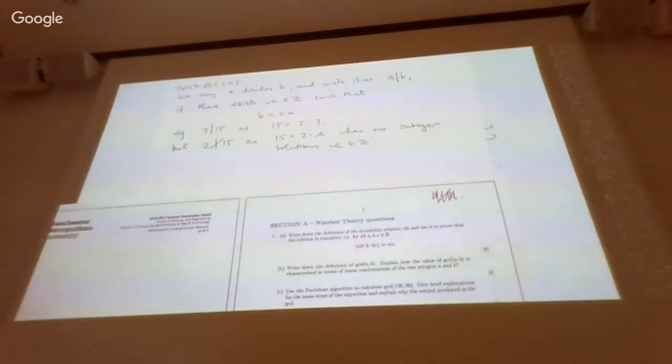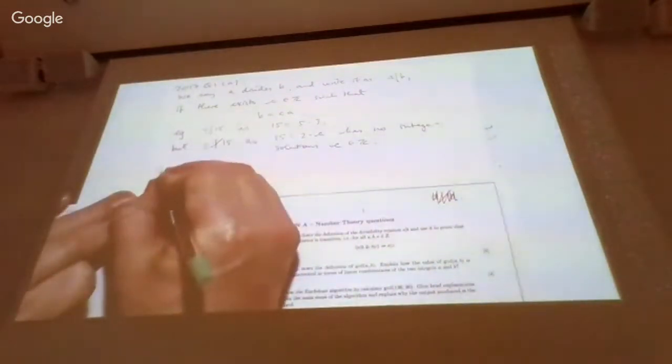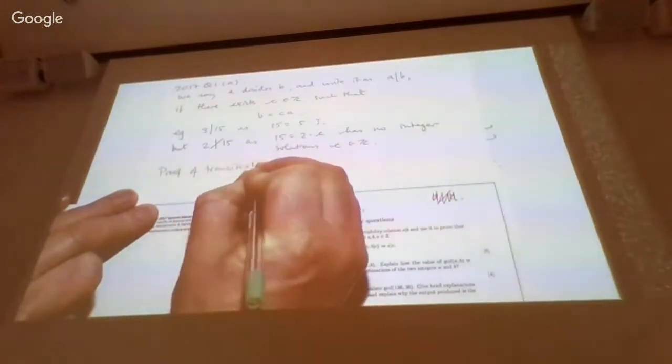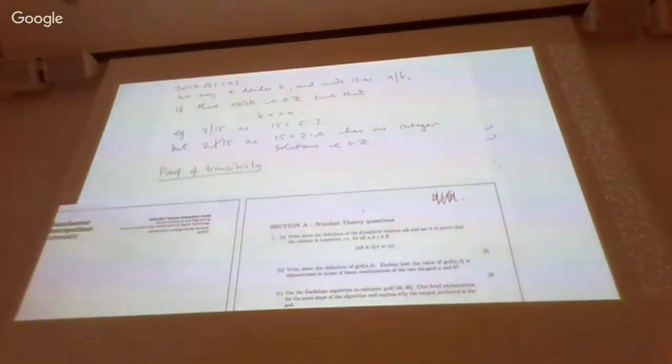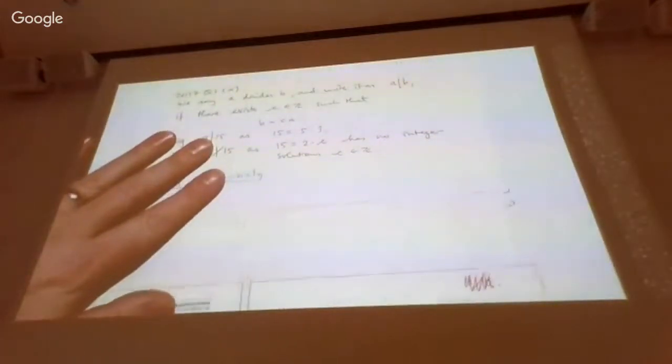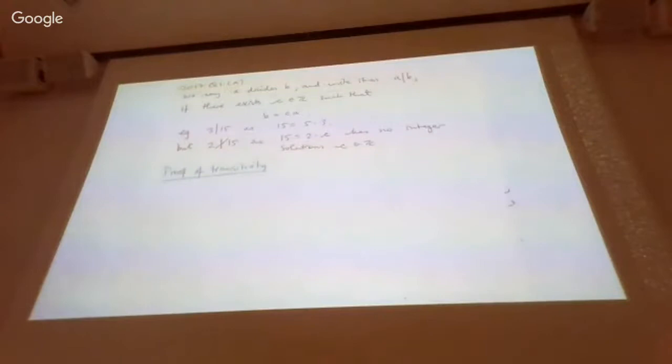Okay, so we have to prove it's transitive. And here's the proof of transitivity. Now in your proofs, we want to give enough detail. I would say proofs are in English with a bit of mathematical notation provided. Don't try to have no words in your proof because maths is English after all.